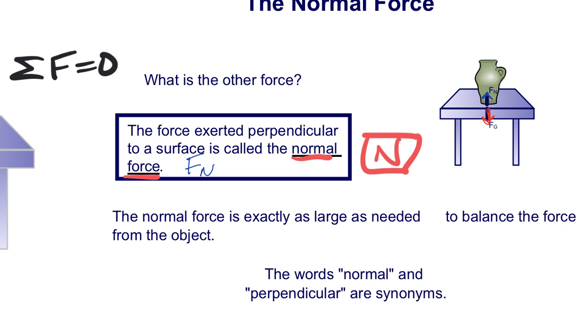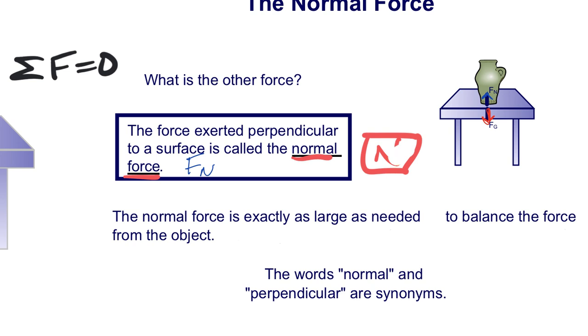Okay, so the normal force is always perpendicular to the surface that the object is pushing against. Why is the vase pushing against the table? Because gravity is pushing it downwards. And then the table resists that push. Normal means perpendicular.